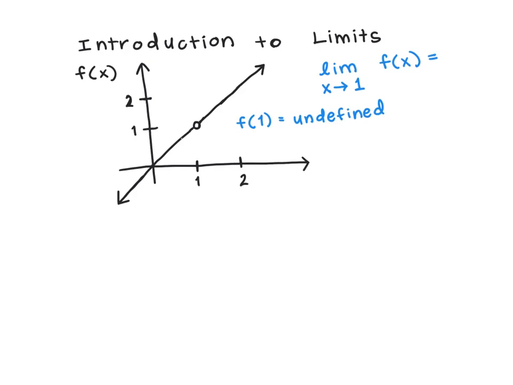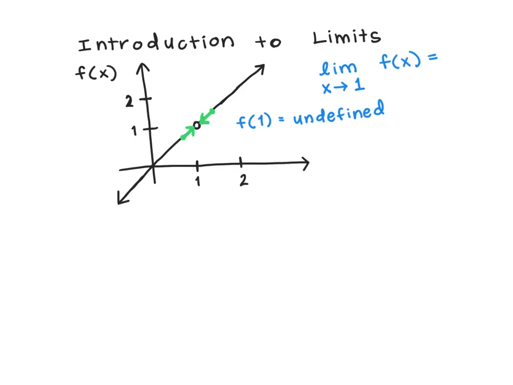Here, I'll start tracing along my curve to the left of this x value of 1, and I see that as I get closer and closer to 1, the value of my function is approaching 1. Similarly, if I trace along my function to the right of 1, looking at x values getting closer and closer to 1, I see the value of my function is also approaching 1.